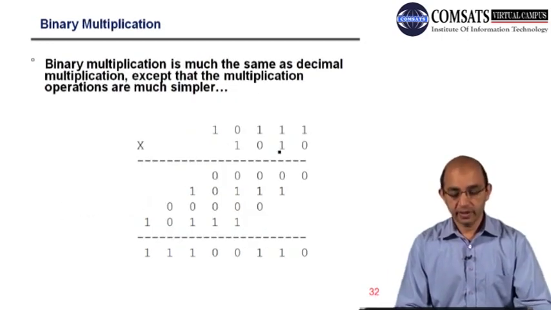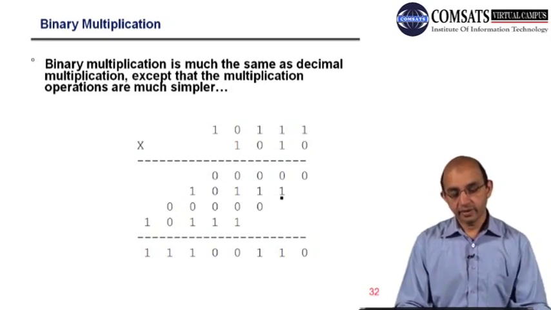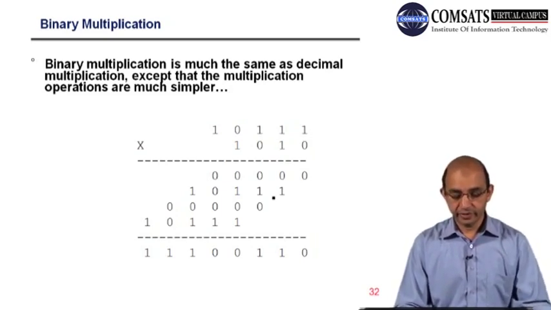Here is the multiplication. This has to be multiplied with this. First all those bits will be multiplied by 0, and then we shift left. This is a shift left, and then we multiply all these bits with 1.